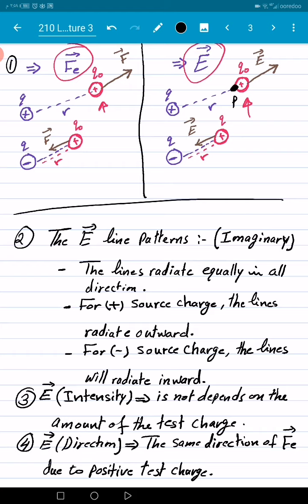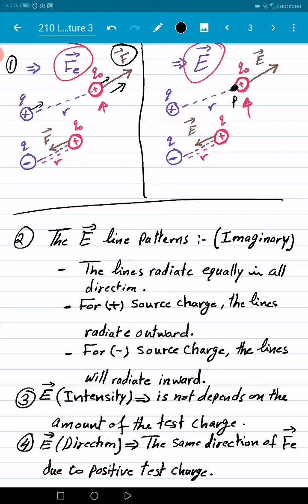Here there are two charges, and you can check if the charge is positive and the other charge is positive. So that means the force will be outward along the same line, because positive with positive is repulsion, so it moves outside, because this is out and this is also out.